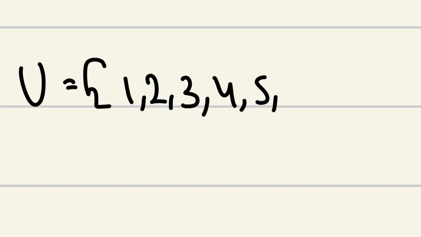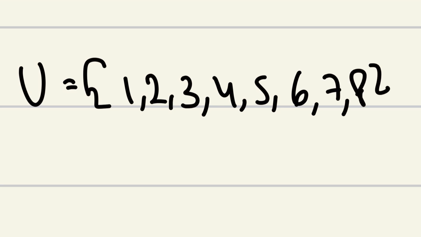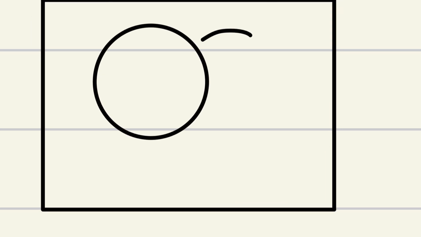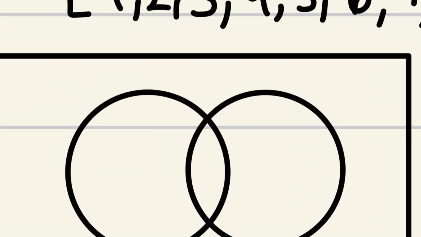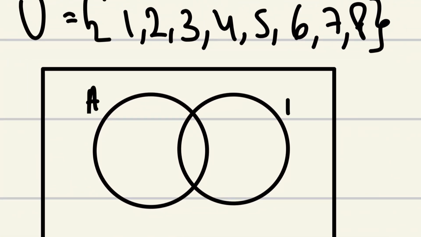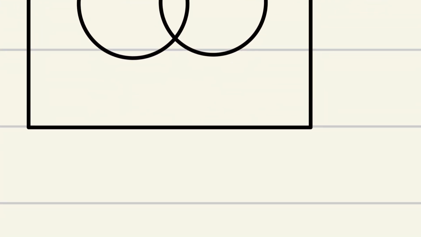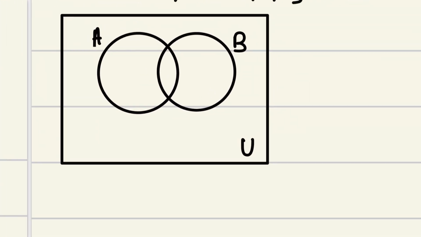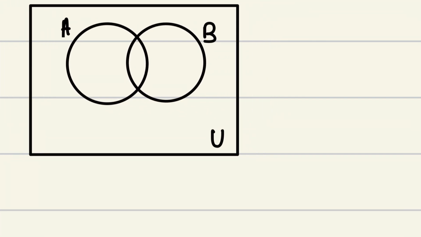Okay, now let's look at another Venn diagram with a universal set of integers from 1 to 8. So again, let's take U as the universal set and A and B as the two subsets.